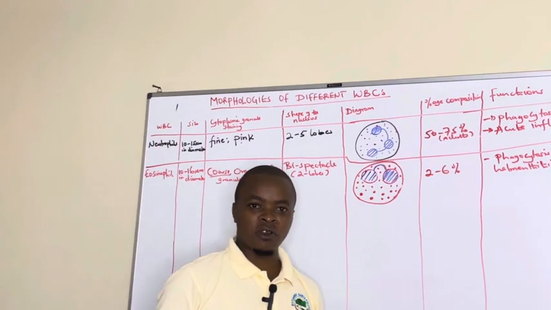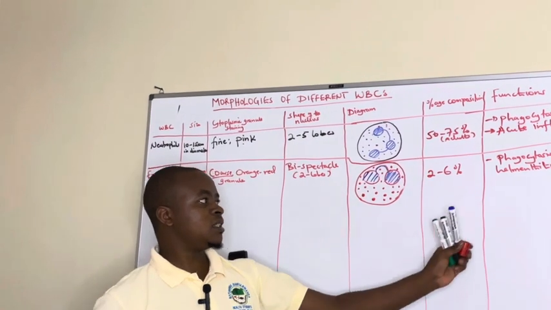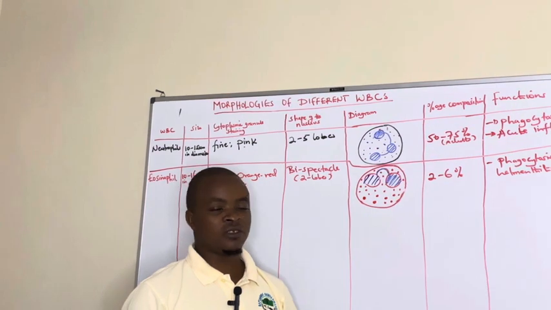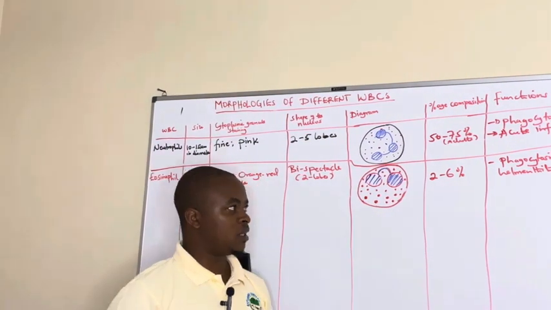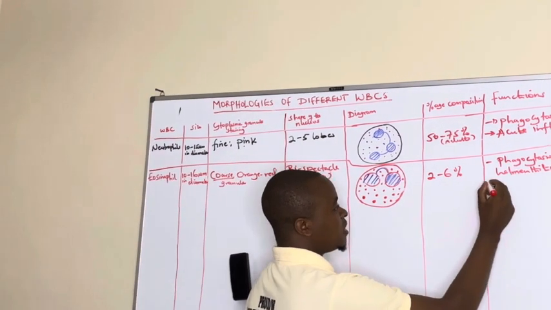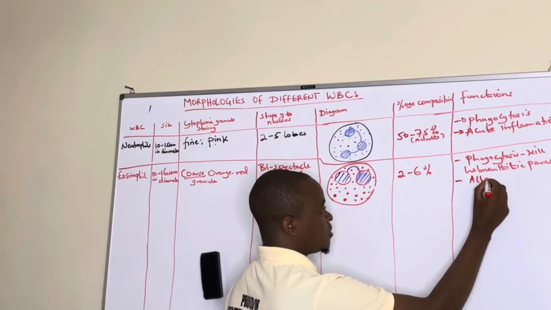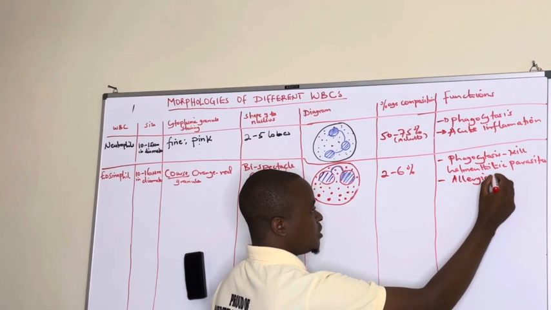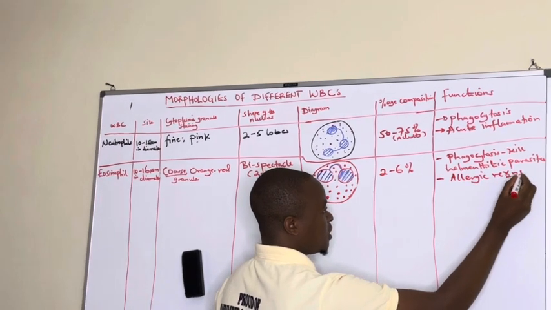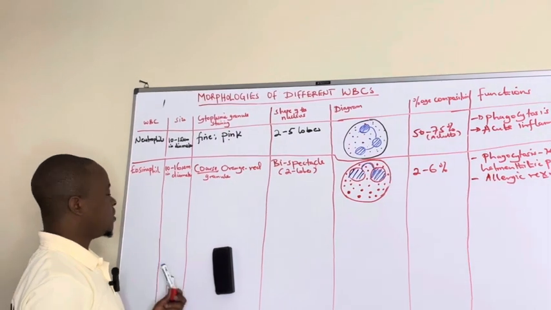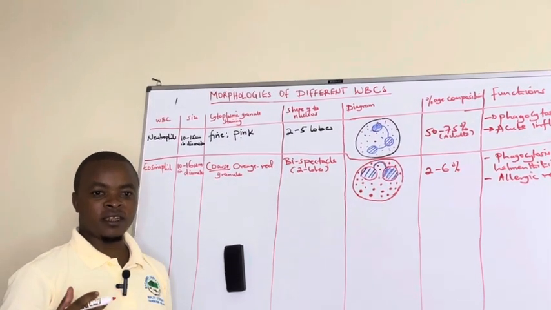So it is also a phagocytic cell, but majorly targeting the helminthic parasites, which is different from the neutrophil, which is responsible for bacteria. Then another function is that it also participates in allergic reactions. So these are the major two functions of the eosinophil as seen under Romanowski stained thin film.